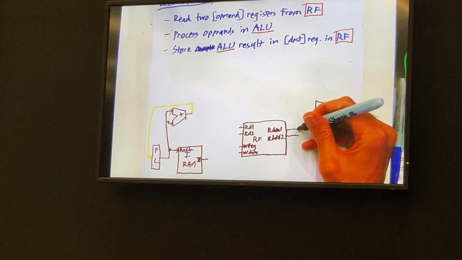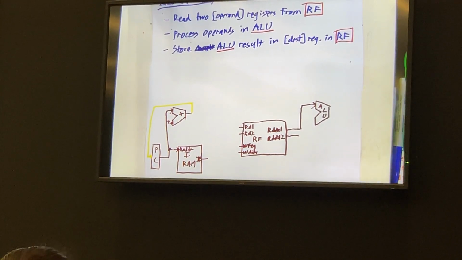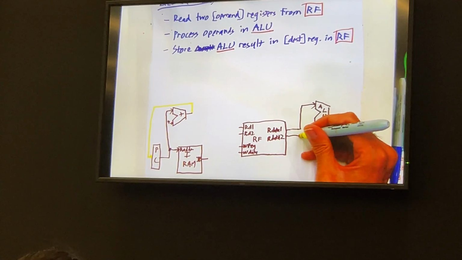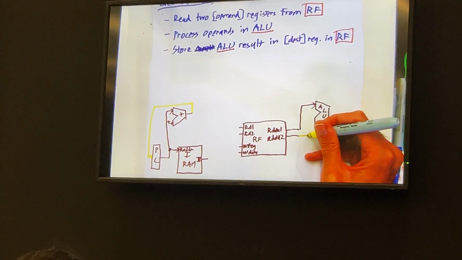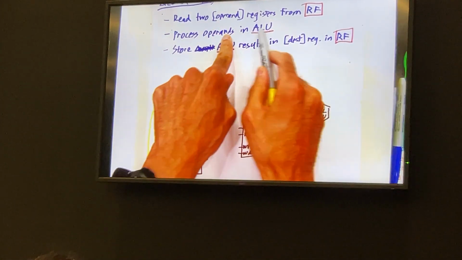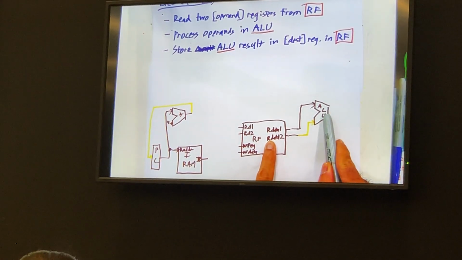So this is going to go to the ALU. I'm going to do this one in yellow because I'm going to later strike over it. But for now, that is also going into the ALU. So I read the two operands from the register file, and I processed them in the ALU.